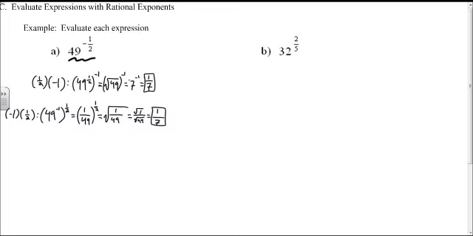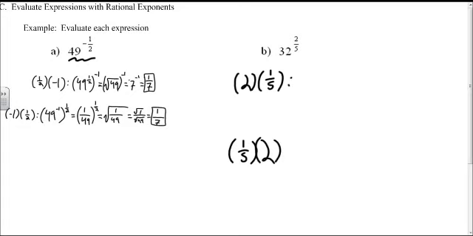Moving on to our next one, we have 32 to the 2/5 power. Again, we want to recognize that as a power-to-power process. So we can recognize 2/5 as being 2 times 1/5, or 1/5 times 2.